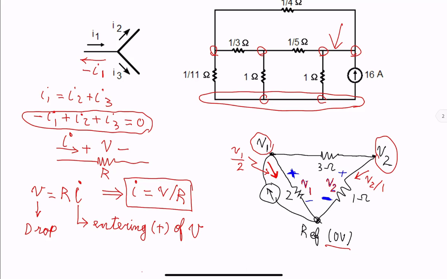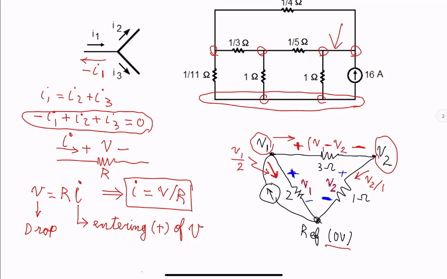What if we want the current going, let's say for the sake of argument, from left to right on the top branch? That should be the voltage here with plus on the left, minus on the right. And that voltage is, look at the plus side, we have V1, and on the minus side, we have V2.